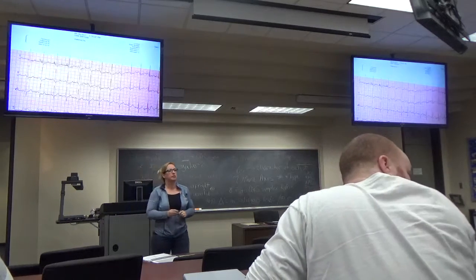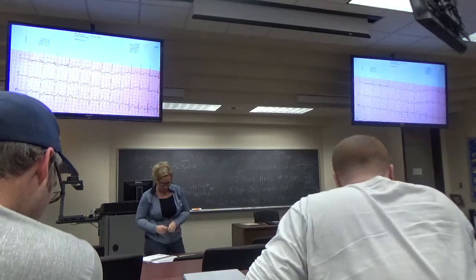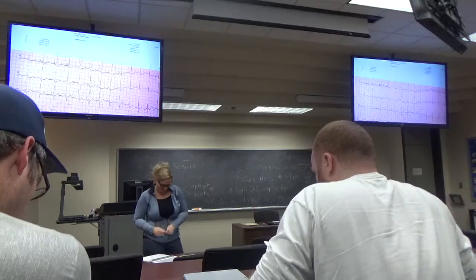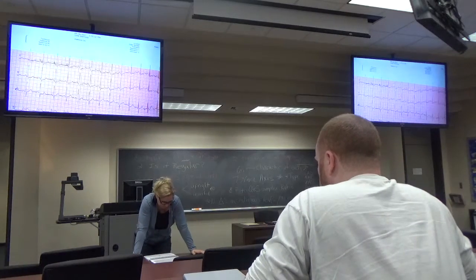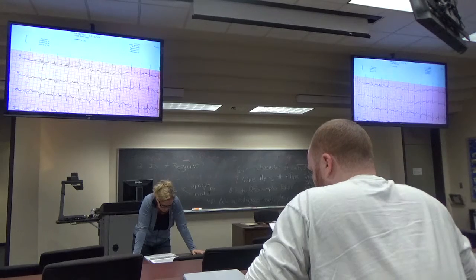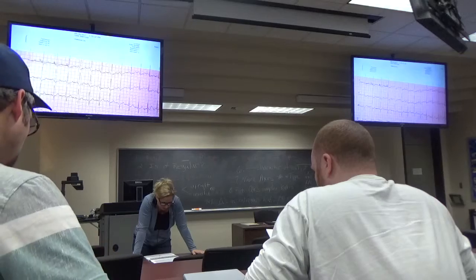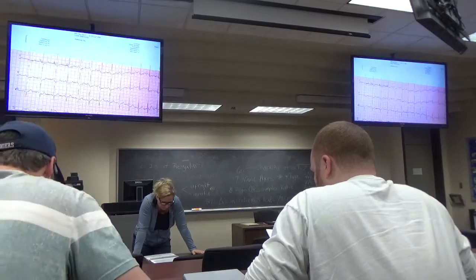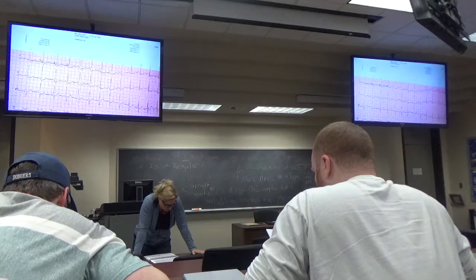Would you mind showing us number 21 on this one for the rhythm? You want me to name that rhythm? Yeah. On 21, it's regular, but there's, in lead 1, every once in a while you'll see a little glitch.